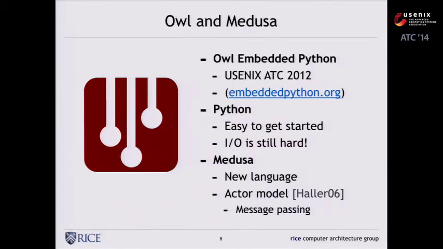I'm not going to get into how all of Medusa works because we only have a few minutes here, but I want to look at one particular thing, which is how we deal with I/O in Medusa, and how we can take message passing that was developed for software concurrency in the actor model, something like how we do concurrency in Scala and Erlang, and adapt it to do I/O on microcontrollers.